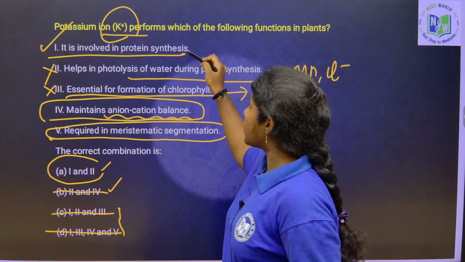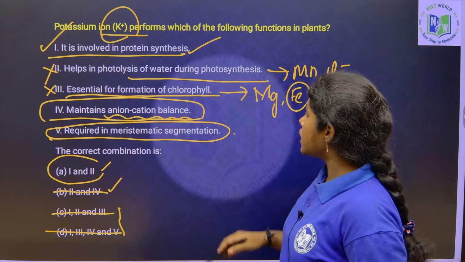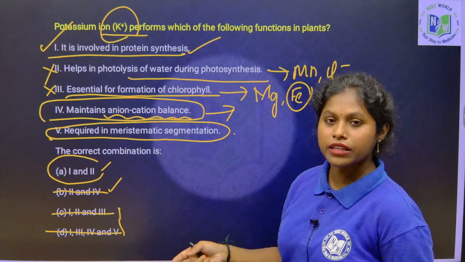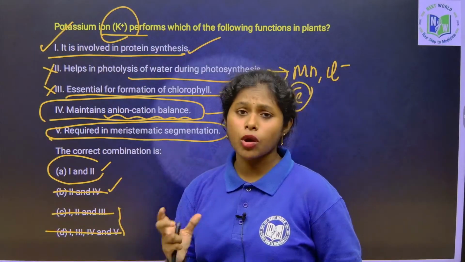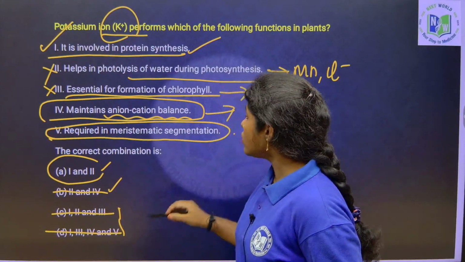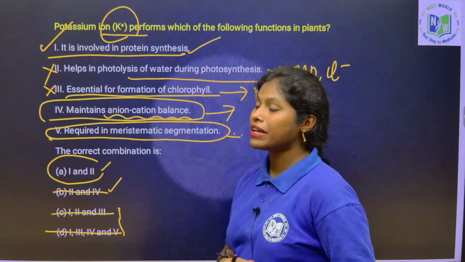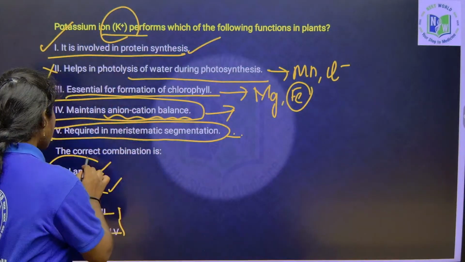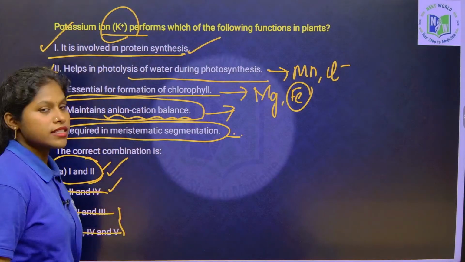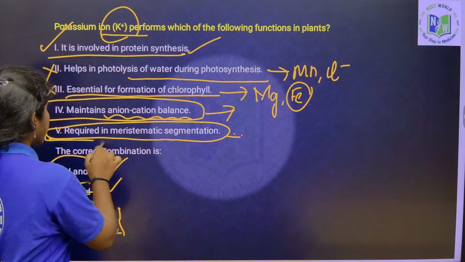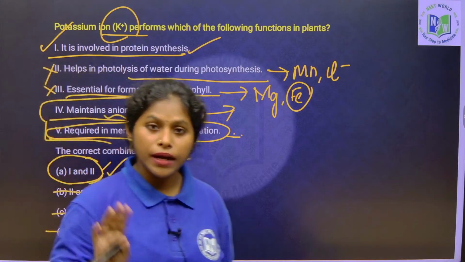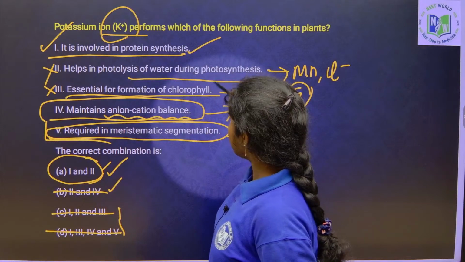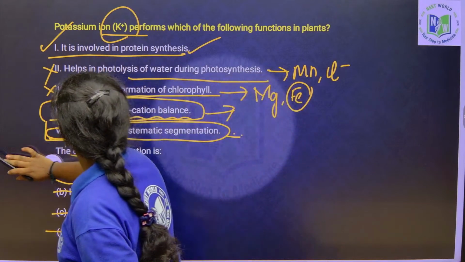Potassium ion is involved in protein synthesis, and also in anion-cation balance during stomatal opening and closing, and it is also involved in meristematic activity, students. So not 1 and 2, students, 1 and 4 are correct.